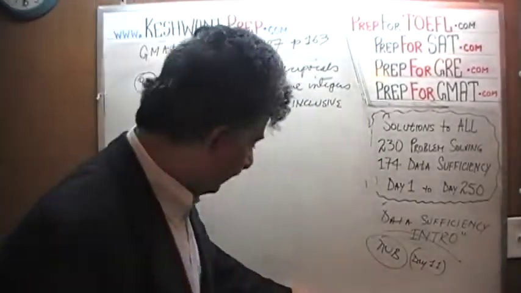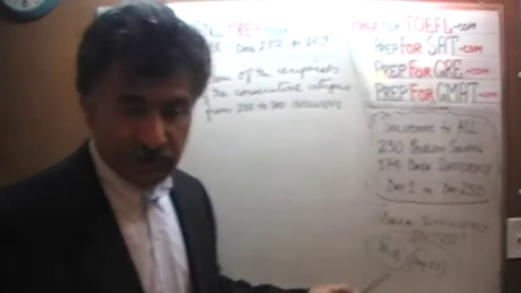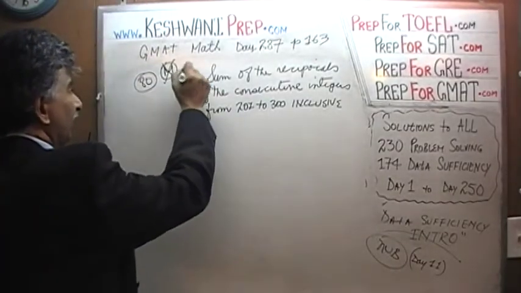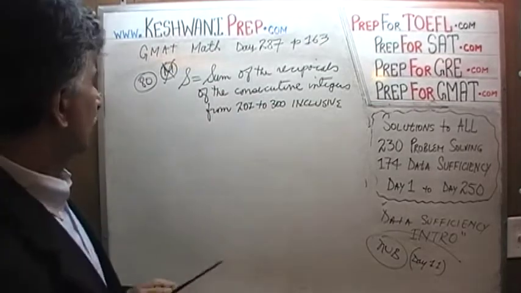Now, what we have to understand here, and the question is the value of m, in the book they call it m. I'm calling it S for the sum because it's easier to talk about.